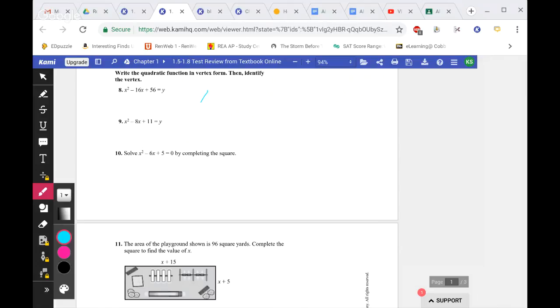So I'm going to do number 9. I just did number 8, but I can go back to that one. You take 8x squared minus 8x plus 11 equals y, but you would set it equal to 0. And then you're going to move the 11 over. And then you've got x squared minus 8x.